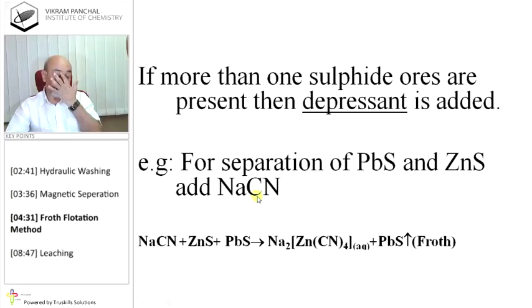So here sodium cyanide is the depressant. Sodium cyanide reacts with zinc sulfide and produces a complex, that is sodium tetracyanozincate(II), and lead sulfide remains in the solution. Then lead sulfide can be removed with the help of froth.